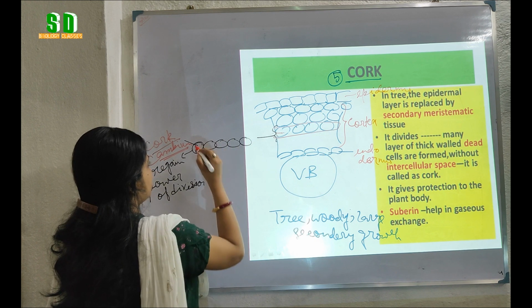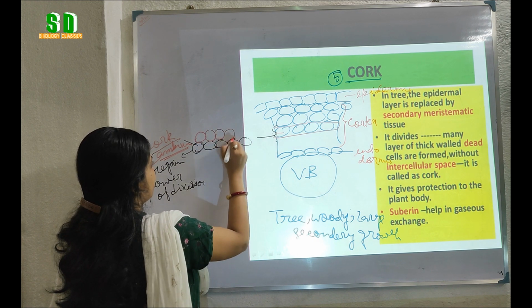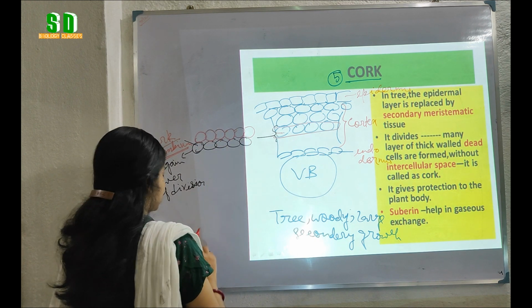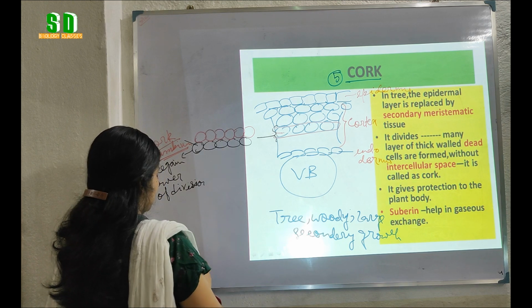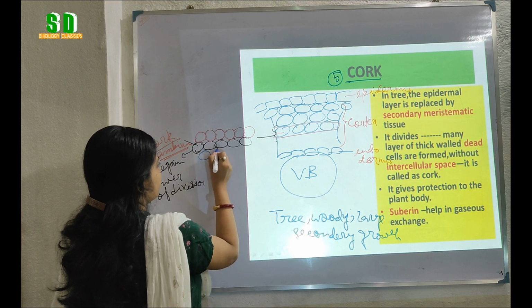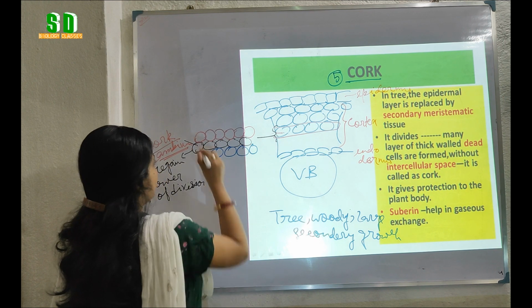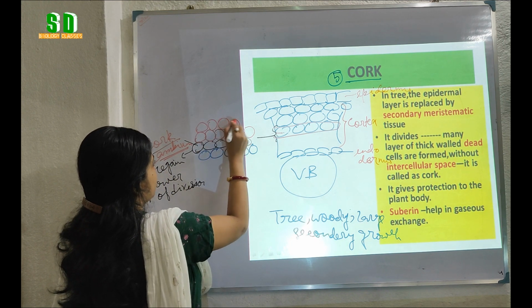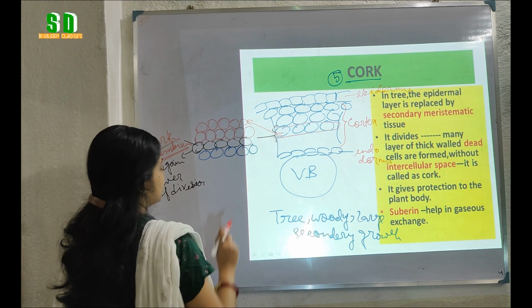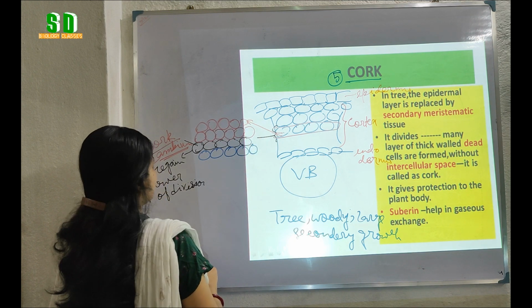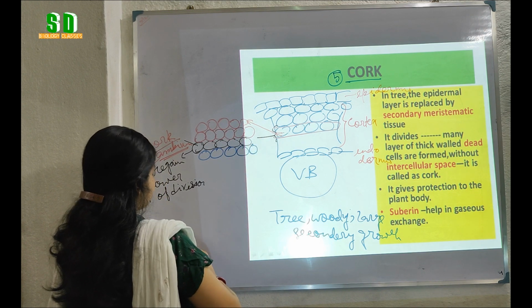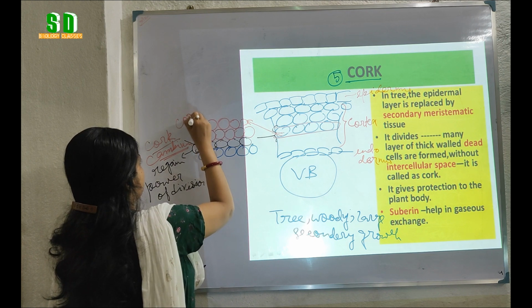As a result of this division, new cells are formed on the outer surface, as well as on the inner surface. Now the cells which are formed on the outer surface of the cork cambium are called the cork.